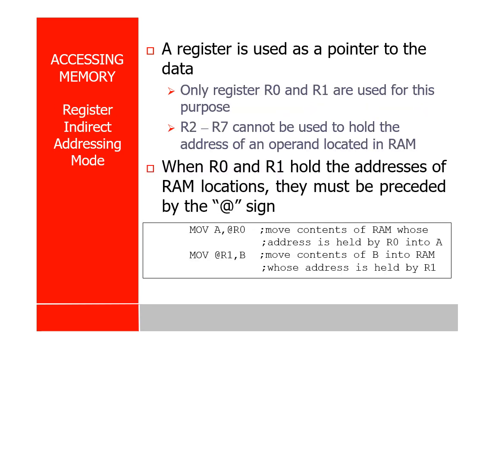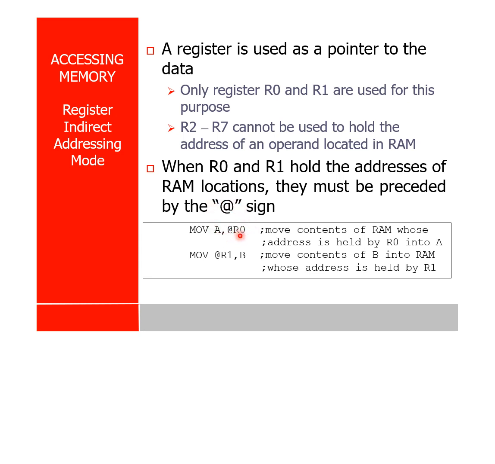Now the fourth one, register indirect addressing mode. In register indirect addressing mode, you are moving data from a memory location whose address is given in a register. So MOV A, @R0 means, for example, R0 has 04, then the data from memory location 04 will be moved to A. Clear?